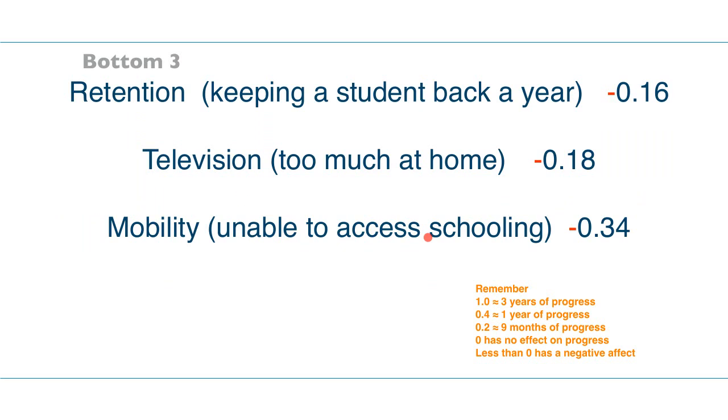And also I haven't put on there, there were 2 other factors that had a massive negative impact on student progress, and that is depression among students and also corporal punishment at home, both of which I think you'll agree is obviously going to have a negative effect on student learning.